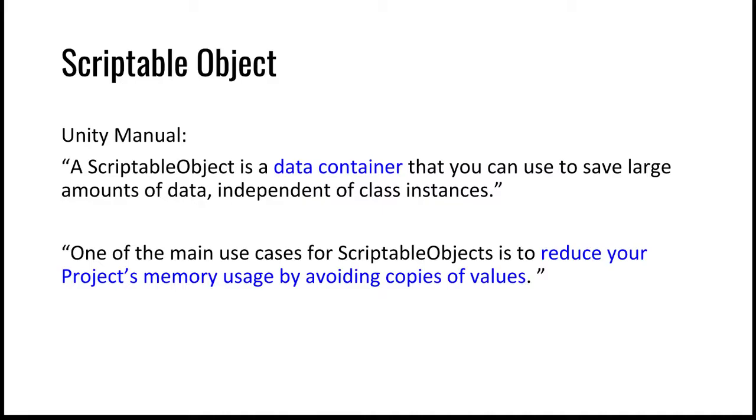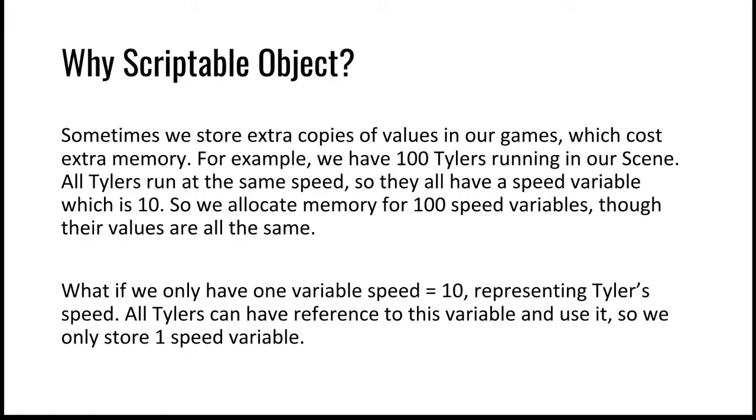So, what this is basically doing for us is, if we have like 100 instances of an entity, say we have 100 tilers in our game, and all of the tilers share a couple variables like the speed and maybe the initial health, then if you actually instantiate all of those, you're going to have 100 copies of the same variable taking up space in memory.